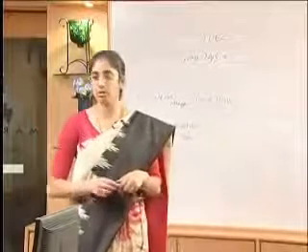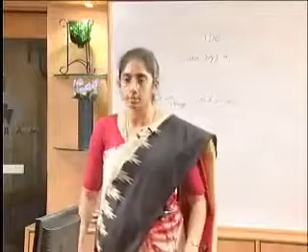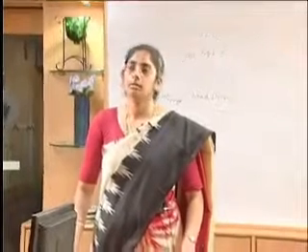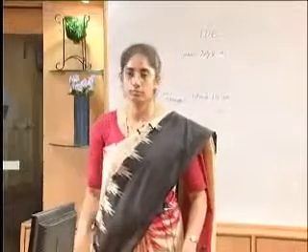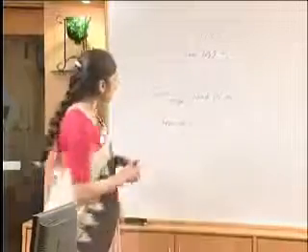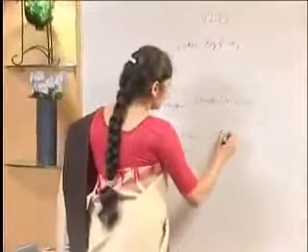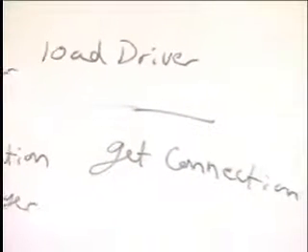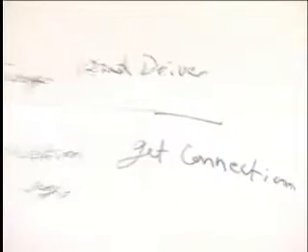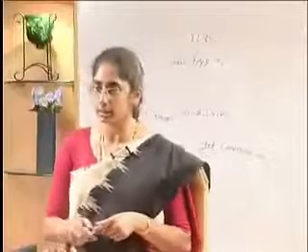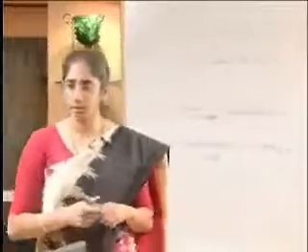Once the driver is loaded, then you talk to the driver to talk to the database. First of all, to talk to a database, you must have a username and password so that you can get the connection. So you need to get the connection first, and that occurs in the application layer. Once you have a connection, then you just have to issue the commands and execute the commands.